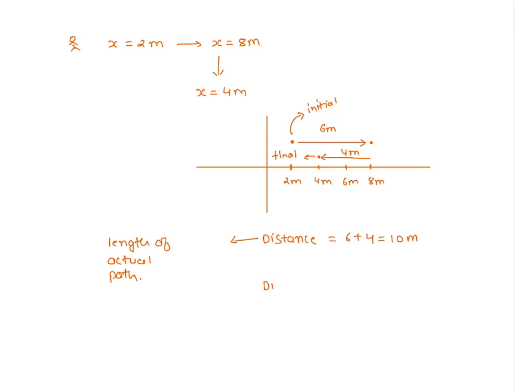But what is displacement? In displacement, you say this is the initial point and this is the final point. So displacement is the shortest distance between initial point and final point, which in this case will be equal to 2 meters. So displacement here is 2 meters.